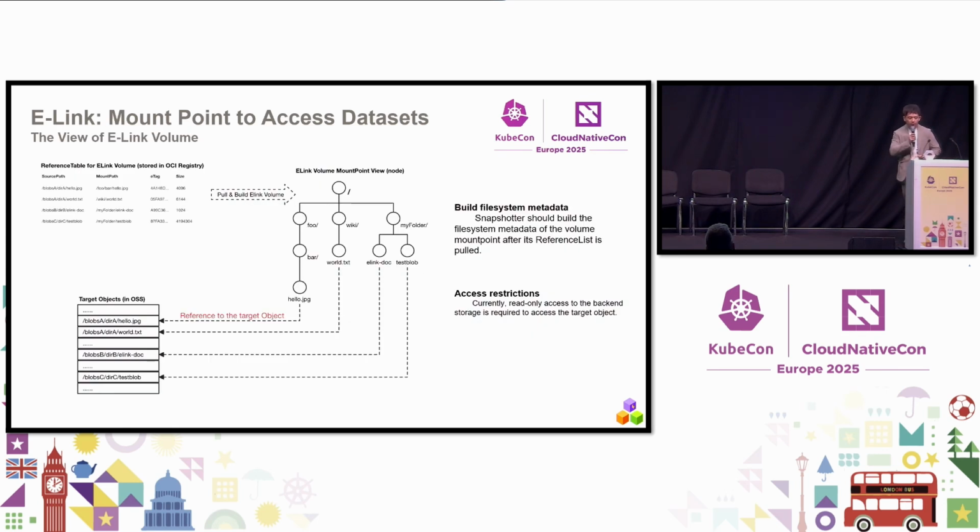When we create an E-Link mount point, the container runtime should pull and unpack the reference list through the regular image pulling process. And the snapshotter will create the mount point by parsing the reference items.